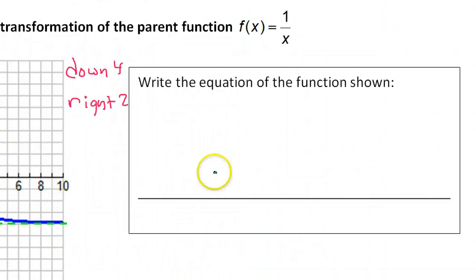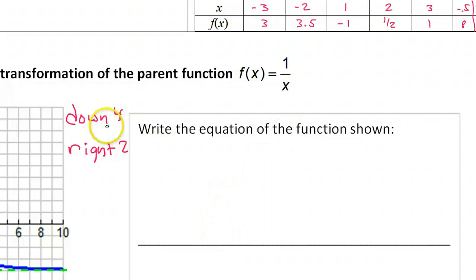So we know how transformations work. If we want this function to move down 4, then we need to subtract 4 on the end, like that. If we want this function to move right 2, we know that moving left and right is affected by what's being added and subtracted inside the fraction.